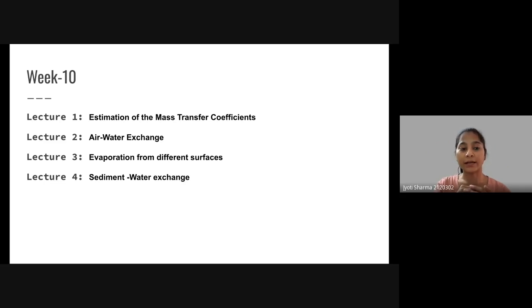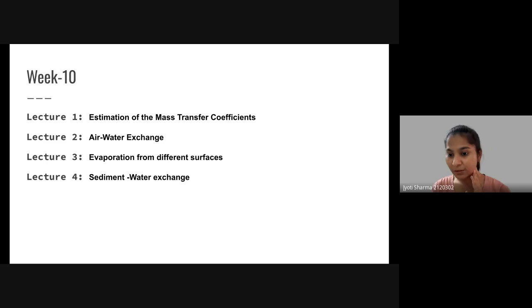We started with that, and we touched on sediment water exchange. This is very important because whenever there is any kind of oil spill, that will go to the sediment, and above that we have the water. So there is a sediment water exchange that we will learn.